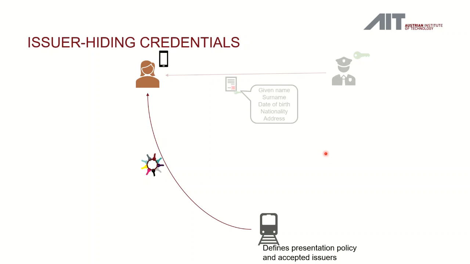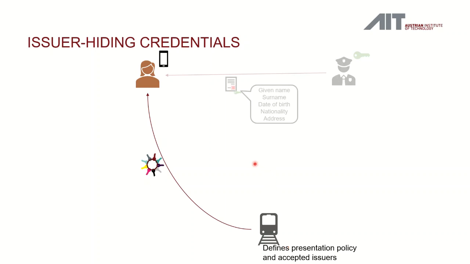And this is exactly where issuer hiding attribute-based credential systems could come into the game. So in an issuer hiding ABC system, the relying party not only defines the presentation policies, so the attributes that need to be revealed, but it also defines a set of issuers from which it's willing to accept certificates.